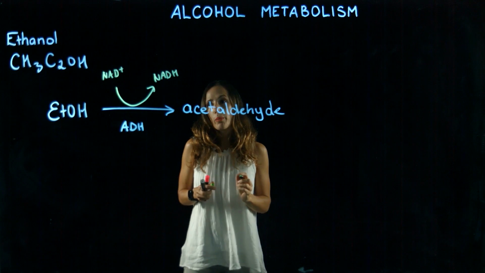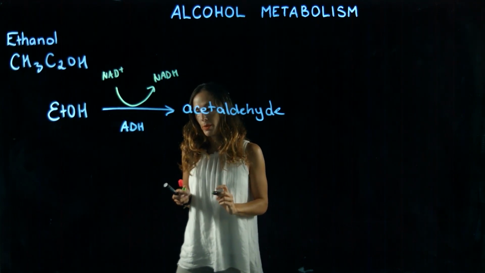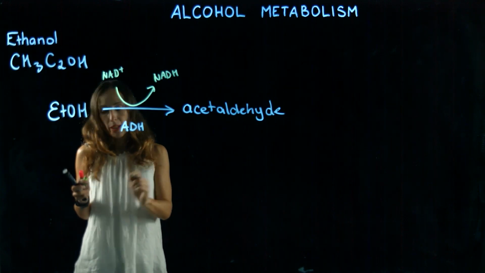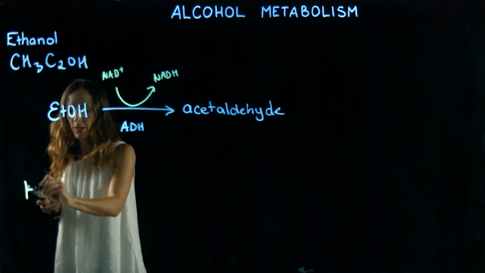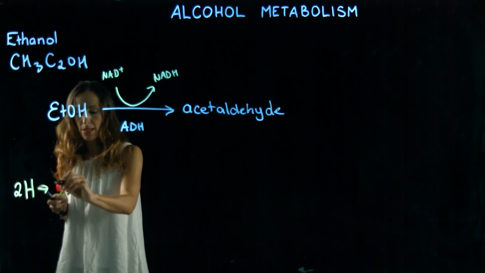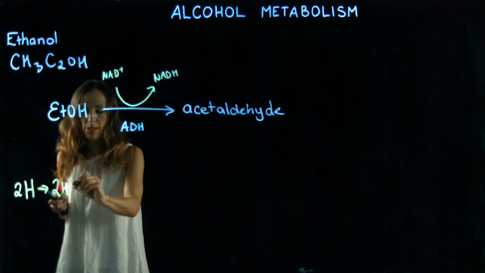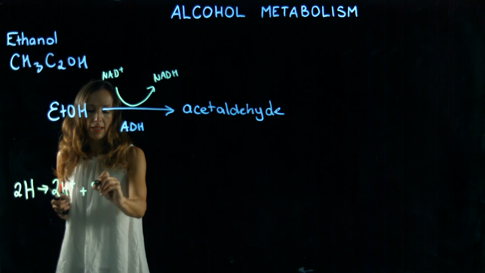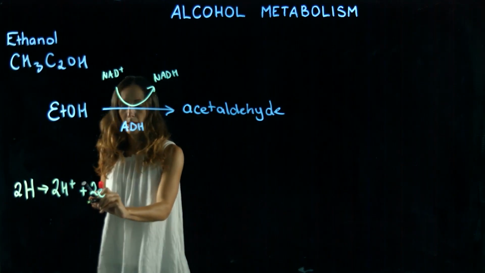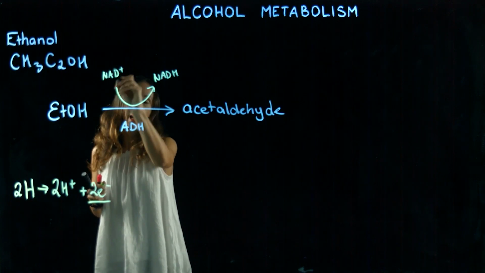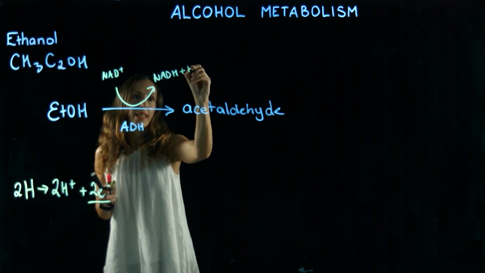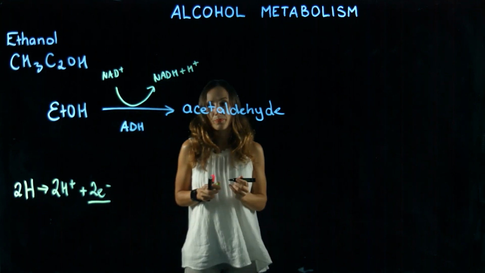Now remember that when we're transferring a pair of electrons, we're actually including a hydrogen. So we're thinking of having two hydrogens, and this gives us two protons and a pair of electrons. When we talk about a pair of electrons being attached to our cofactor, we also have two protons. So you'll often see the second one written like this as well.